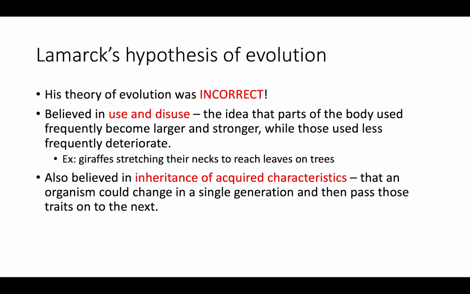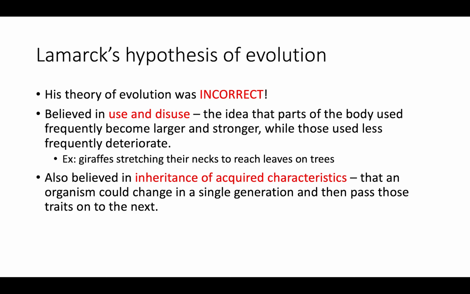He also believed in the inheritance of acquired characteristics. He believed that evolutionary change could take place in a single generation, which we know today is untrue, and then the changes that were acquired during that single generation could be passed on to the offspring of that generation.